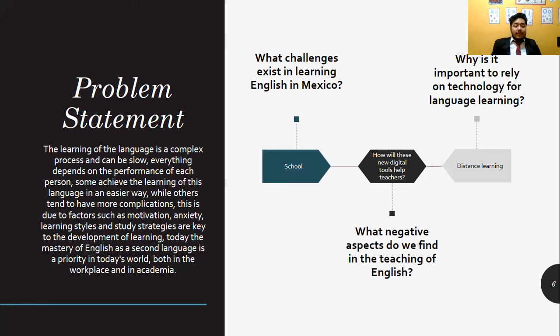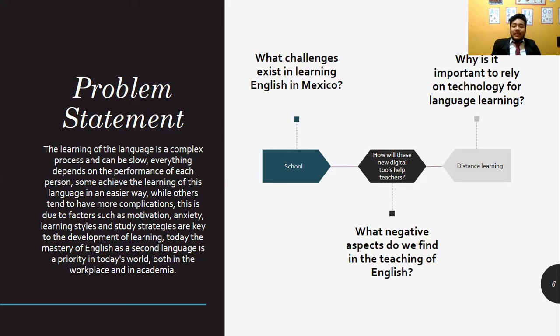The negative aspects that I have found through my professional practice are the time given for studying is not enough, the programs of study don't consider all needs of the students, the lack of infrastructure in the schools, the choice of material for the teachers and for the students, the teaching methodologies, and the lack of motivation of students. These are the negative aspects.